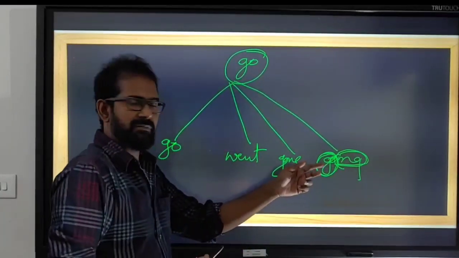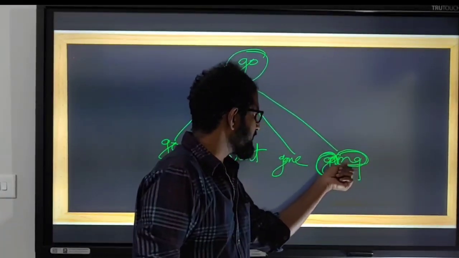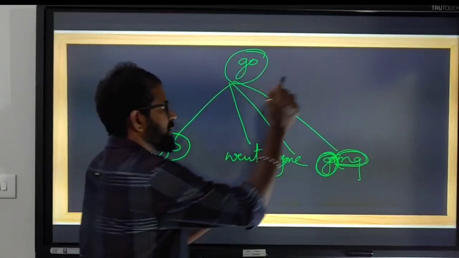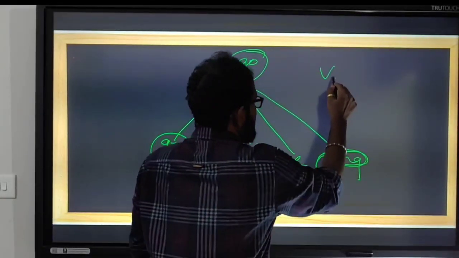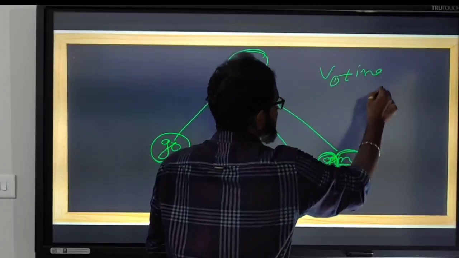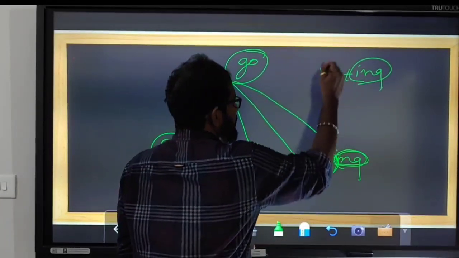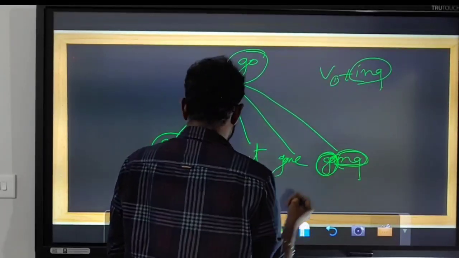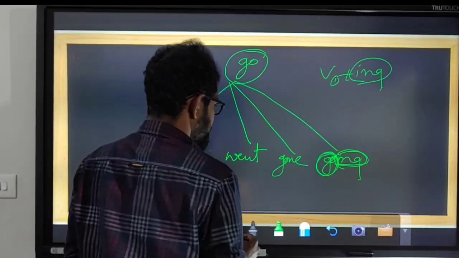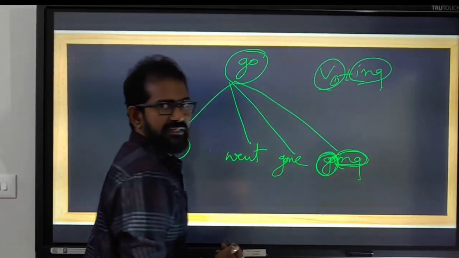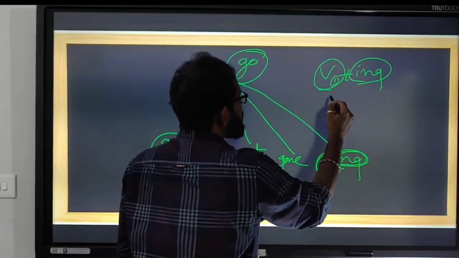Here we need to remember we are not adding ing to the V1 form. You might have heard it said as V1 plus ing. It is not that we are adding ing to V1, but we are adding it to the base form.